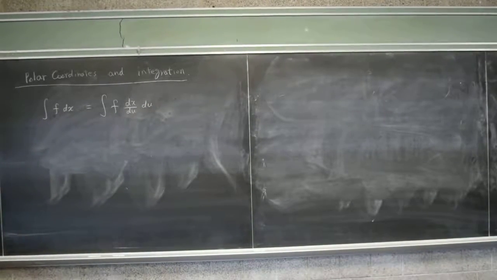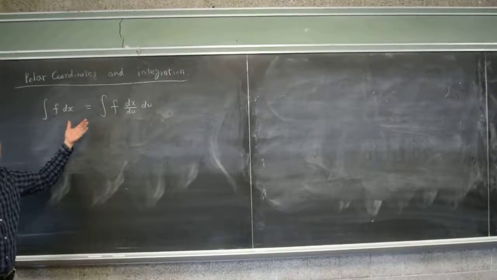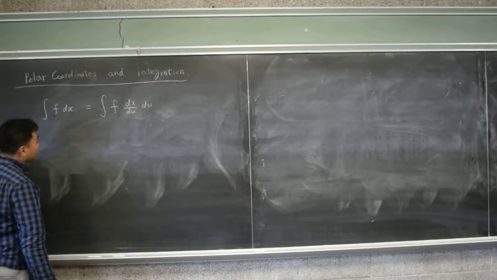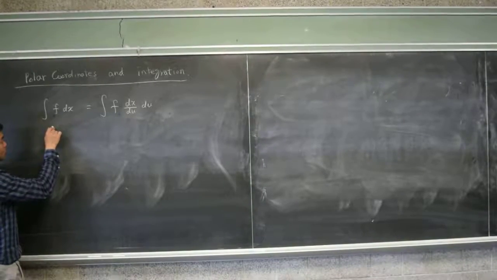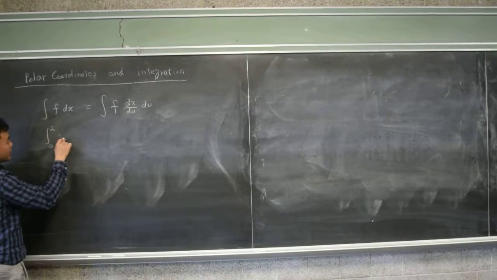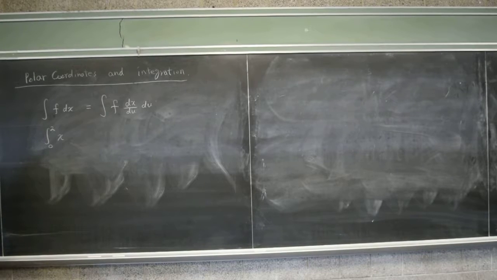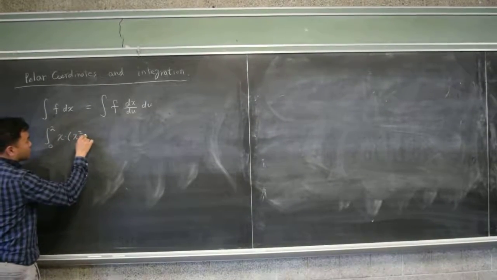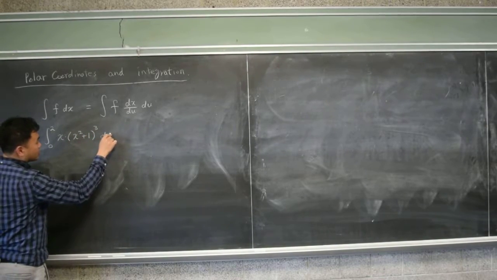That's u substitution, right? Since this may look kind of different from the way you looked at u substitution, let's see an example. Suppose you're integrating, say, from 0 to 2 of x times (x squared plus 1) to the third dx.